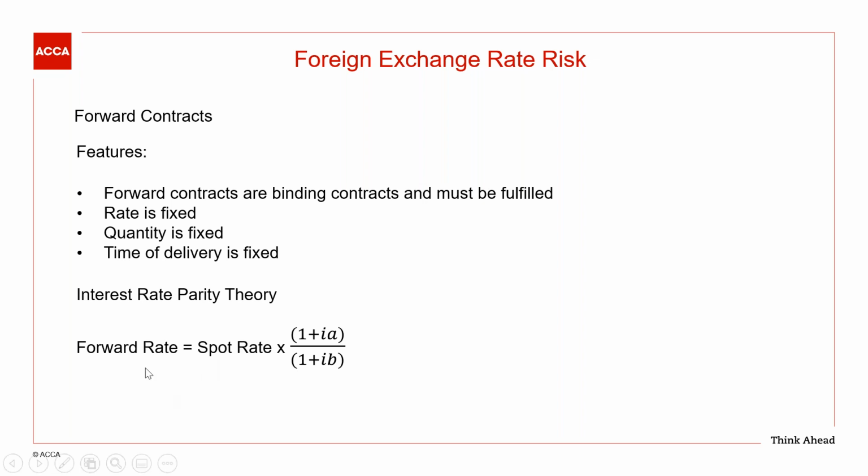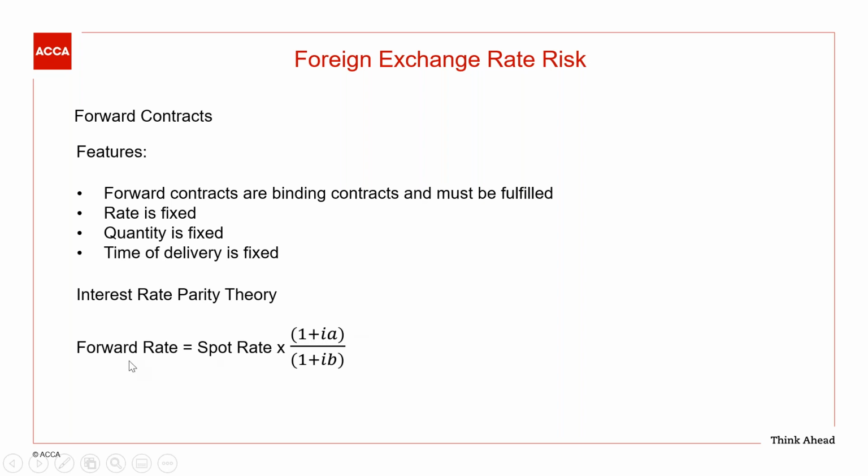So a forward rate is predicted by the interest rate parity theory. And according to this theory, the exchange rate between two countries will depend upon the relative difference between the interest rates prevailing in these two countries.